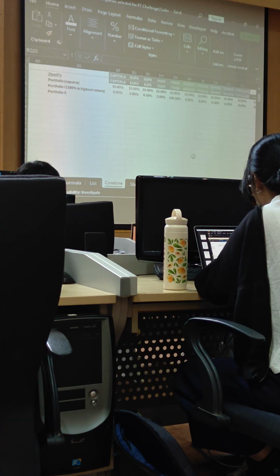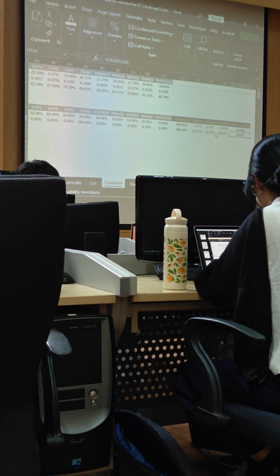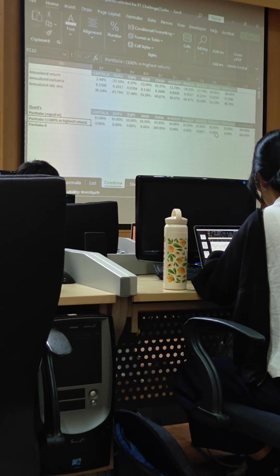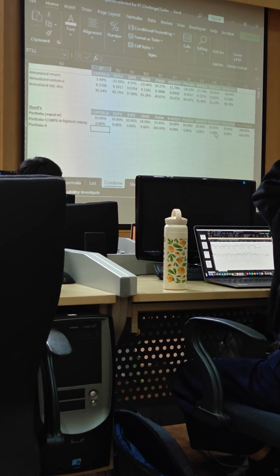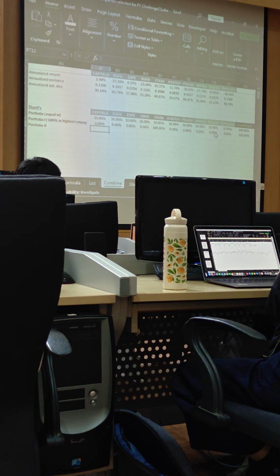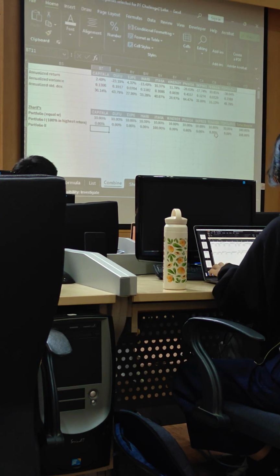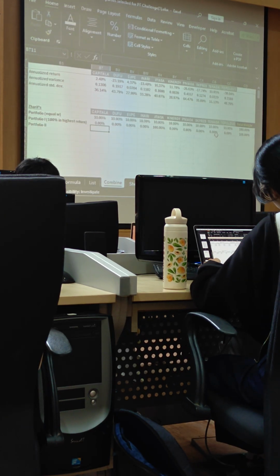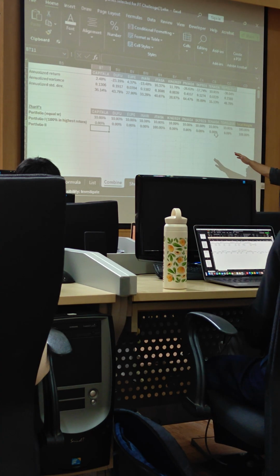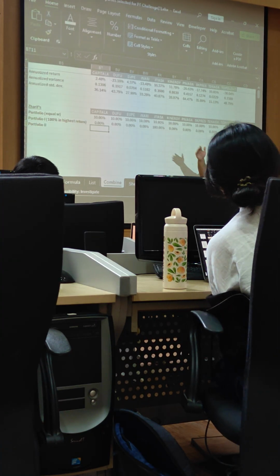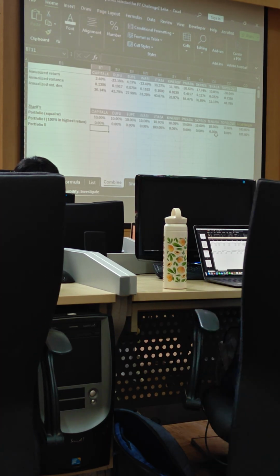So that is portfolio 100% in highest return. So what does it mean? It means that whatever you do after this, there is no way your combination of portfolio can get, because after this you will be assigned different weights, a return higher than 16%.